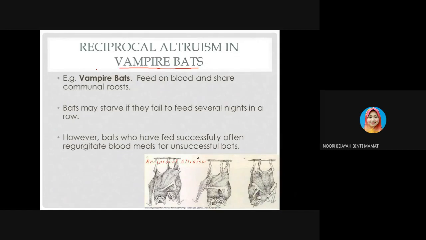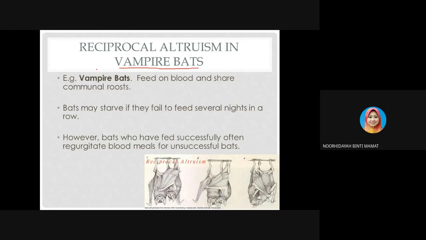Bats may starve if they fail to feed several nights in a row, so they must feed at least once in a while. If they fail to get blood for several nights in a row, they will starve.